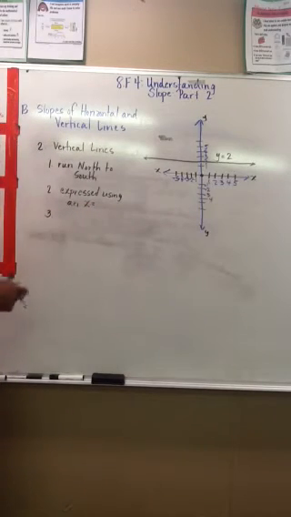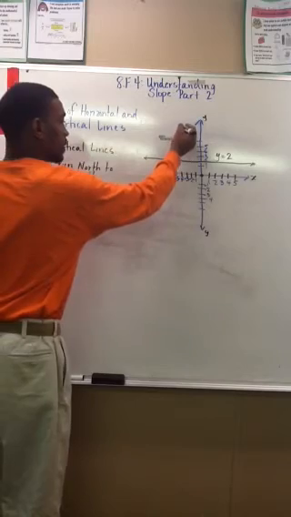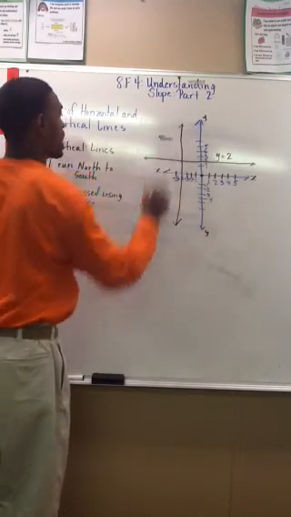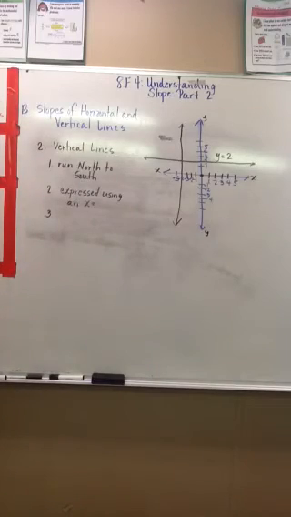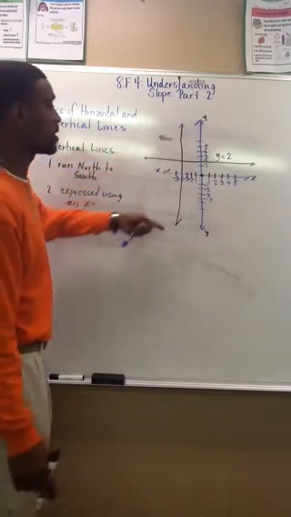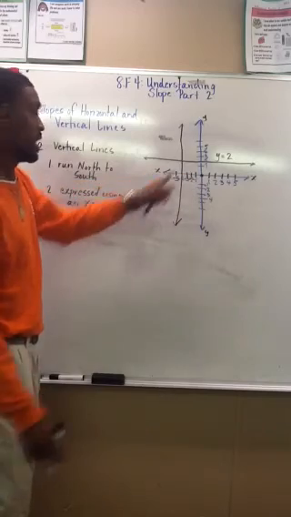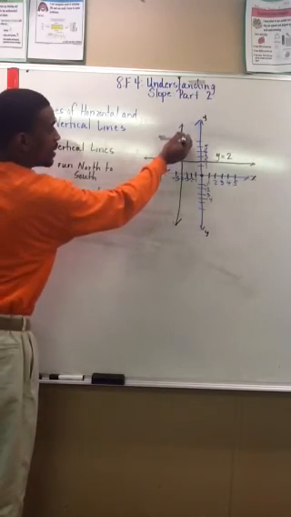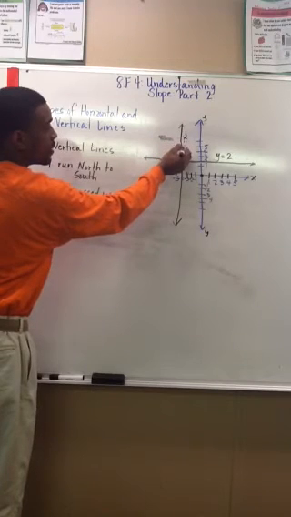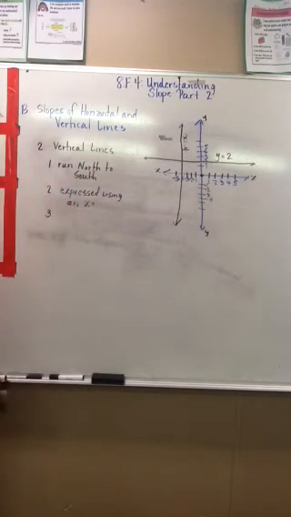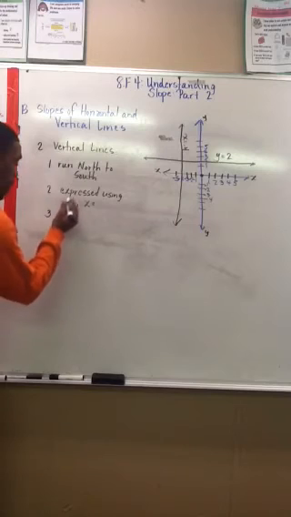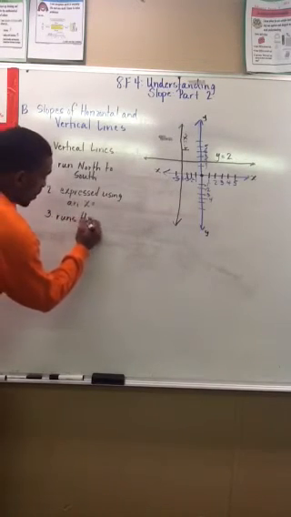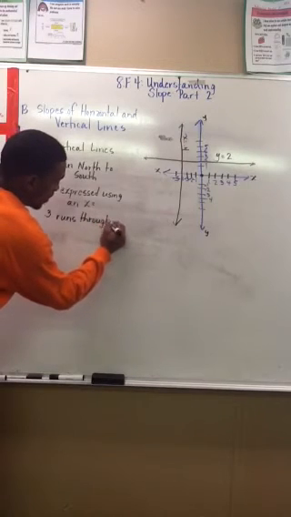If I run a line like that, that's a vertical line, isn't it? Yes, because it goes from north to south. Where did it hit? At -4 on the x-axis. So the name of this line is x equals -4. It runs through the x-axis.